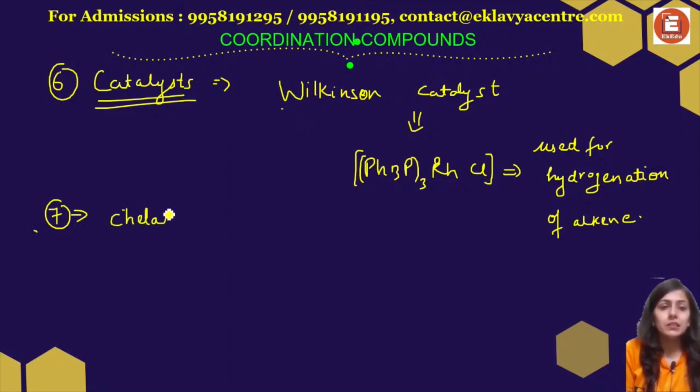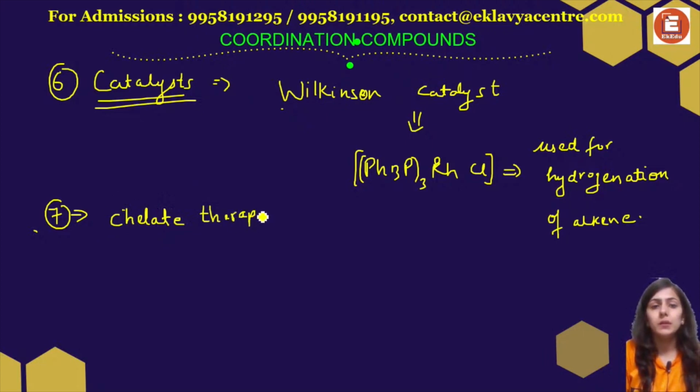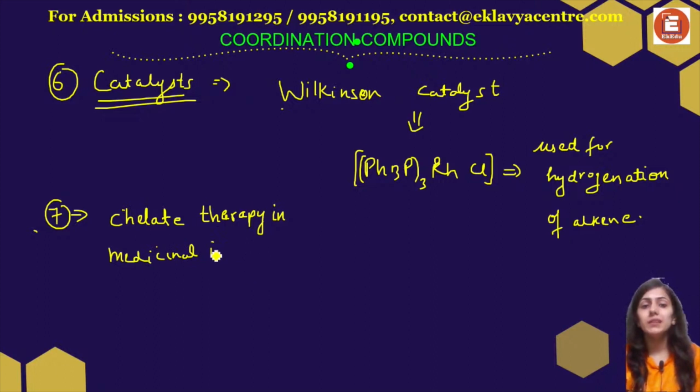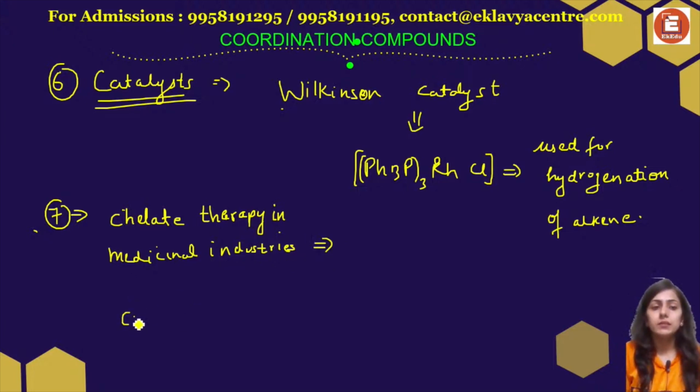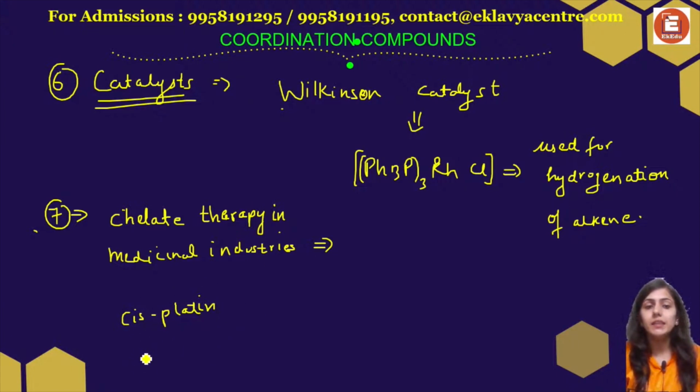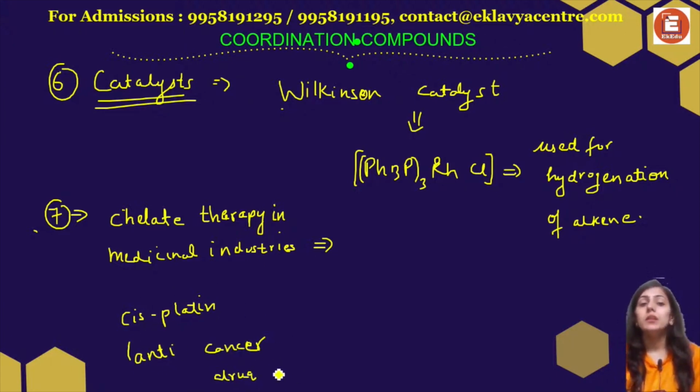We use chelate therapy in medicinal industries. Like I've told you earlier, we have cisplatin, which is used as an anti-cancer drug, so this is also a coordination compound.